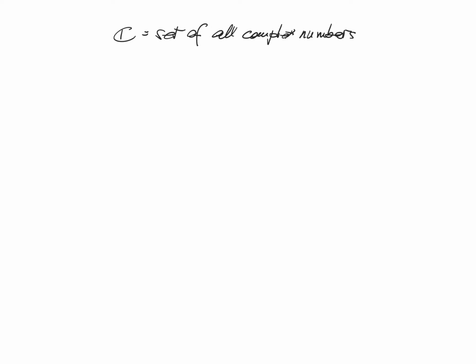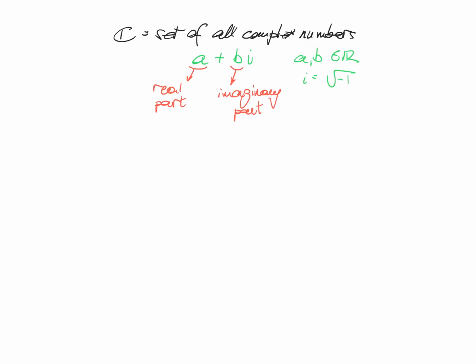We will denote a complex number as a plus b times i, with both a and b a real number, and i being defined as the root of minus 1. In this expression, a is called the real part, b is called the imaginary part, and i is the imaginary unit.